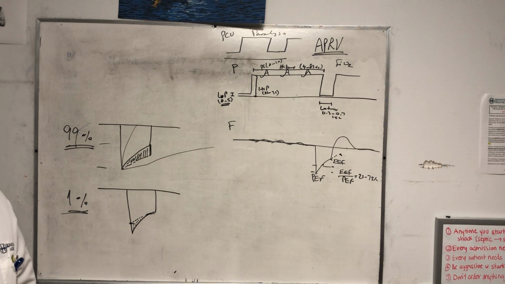Is it the COPD that's playing the bigger role, the obstructive nature, or the restrictive disease from ARDS? Which one is playing the bigger role? And this mode is going to tell you which one is playing the bigger role.